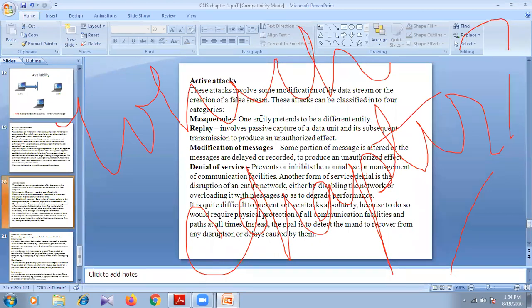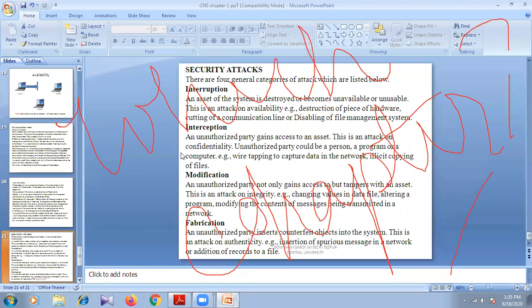These are the four types of active attacks. Masquerade, where one can modify the data, captured by the users.